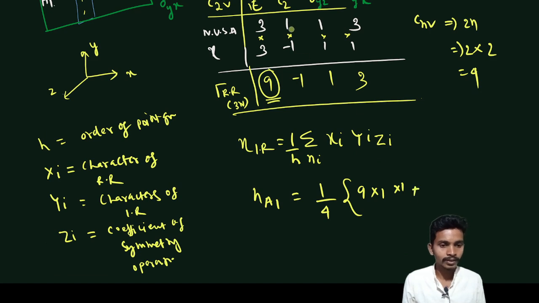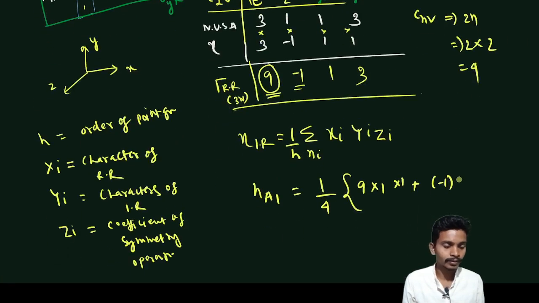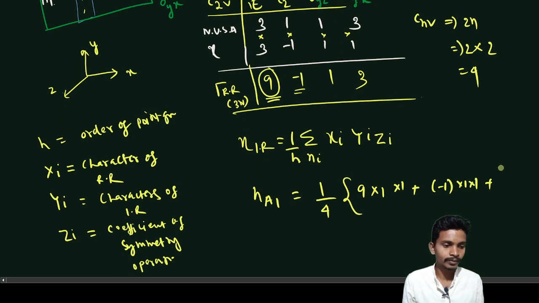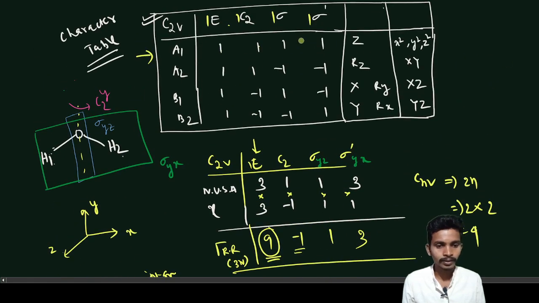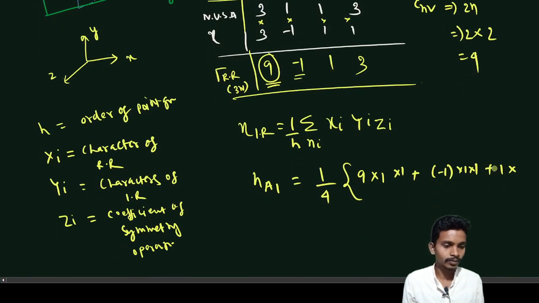Plus next is C2: the reducible character is minus 1, the irreducible character is 1, and the coefficient is 1. After that sigma, 1 into 1 into 1, and then the last is 3 into 1 into 1.